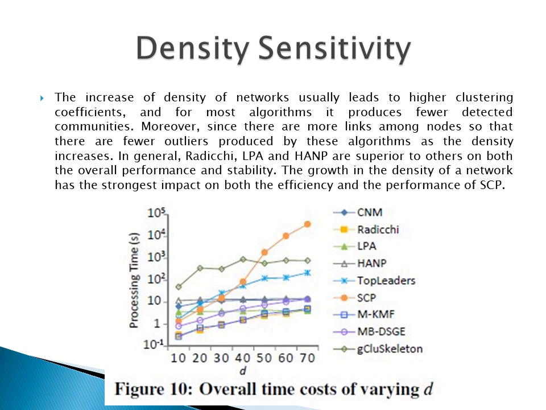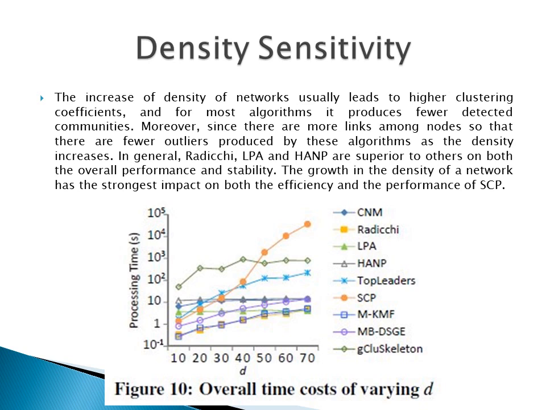The next metric is density sensitivity. In Figure 10, you can see the overall time costs at varying network densities. What we can take away from this chart is that the increase in density of networks usually leads to higher clustering coefficients, and for most algorithms, it produces fewer detected communities, since there are more links among nodes, so there are fewer outliers produced by these algorithms as the density increases.